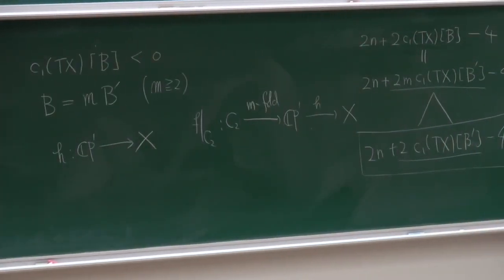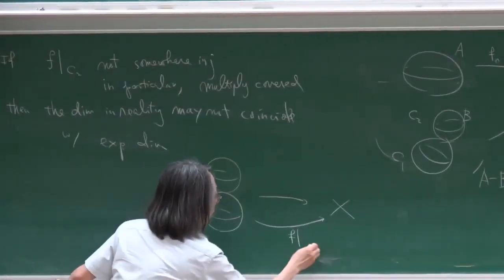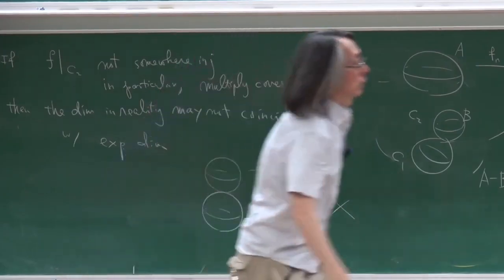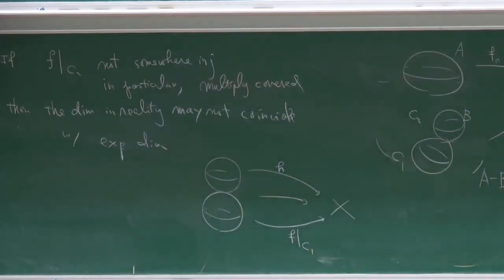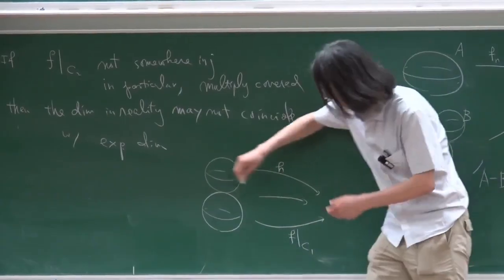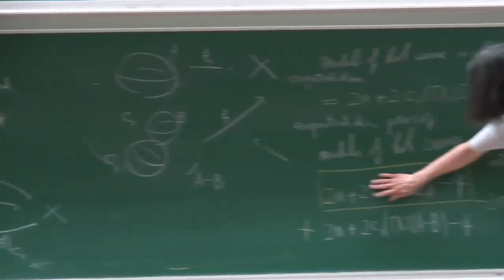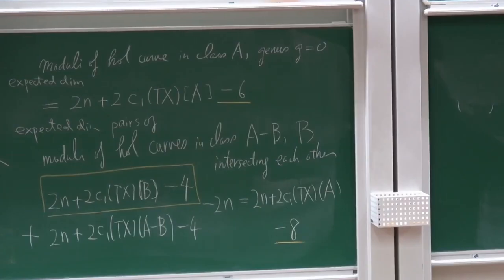Why is this a problem? Because what we want to have is the following. Here I have two P1s mapping to X. Let's suppose that you have a map from here to here, maybe F composed with F over C1, and let's suppose that here you have a map like H. Then the expected dimension should not be this one, but should be replaced by this one.